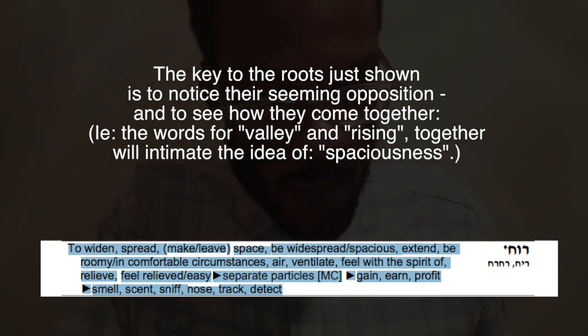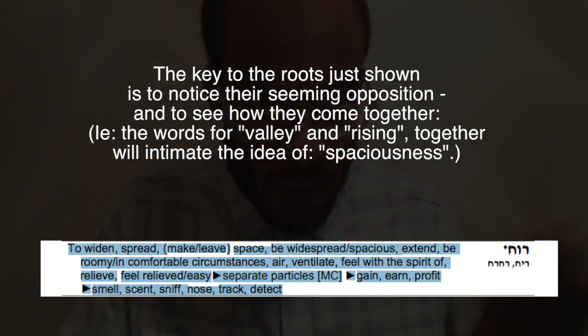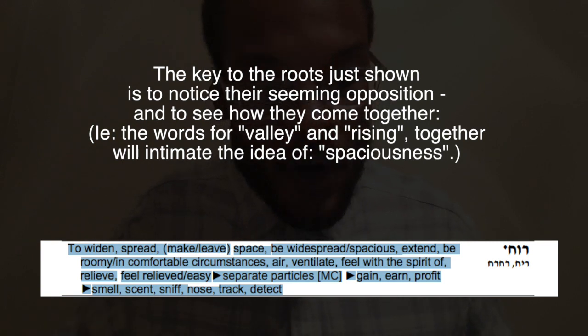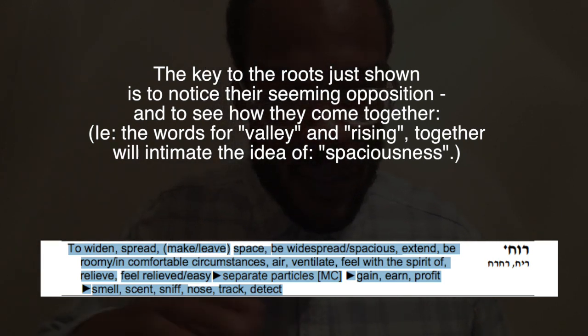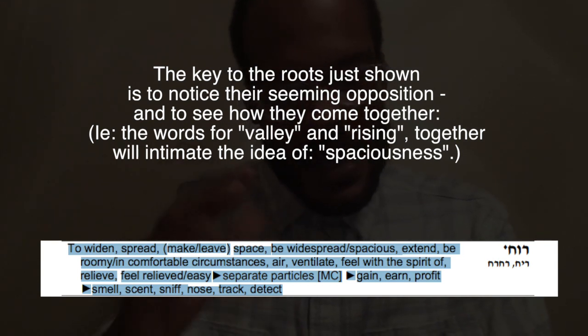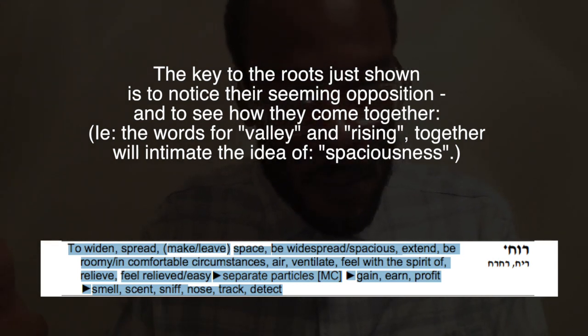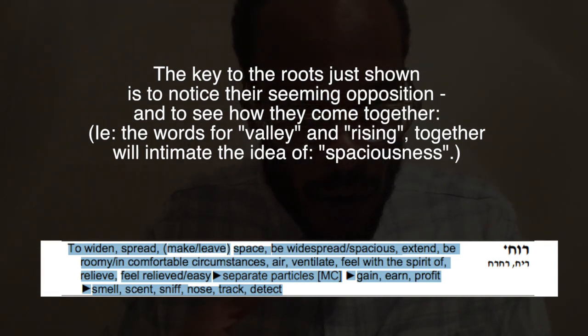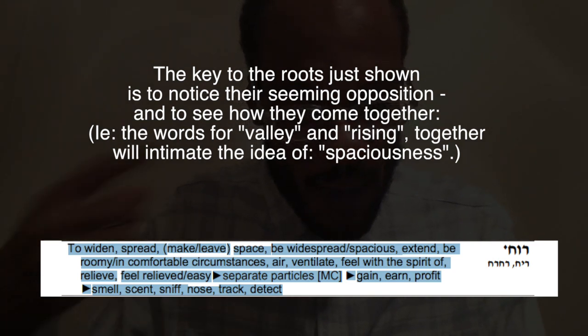Means to widen, spread, make / leave a space. All right, so space is really the underlying word. To be widespread, spacious, feel, F-E-E-L, with the spirit of. Separate particles, for example, as in the idea of entropy, which is the measure of uncertainty or randomness, for example, chaos ordered by measurement.